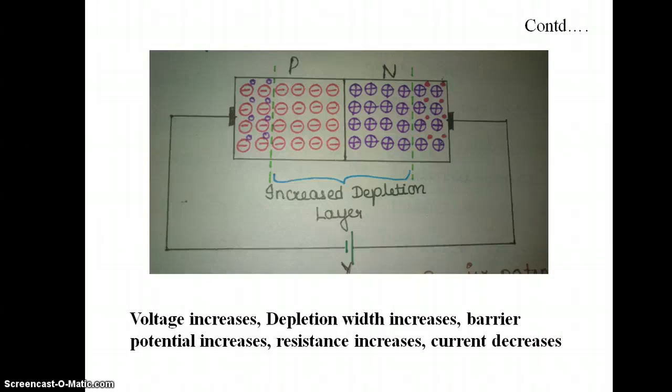The generation of the minority carriers depends on the temperature and is independent of the applied reverse voltage. The current due to the flow of the minority carriers remains the same whether the applied voltage is increased or decreased. So this current is known as reverse saturation current.